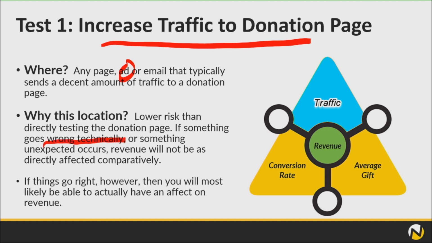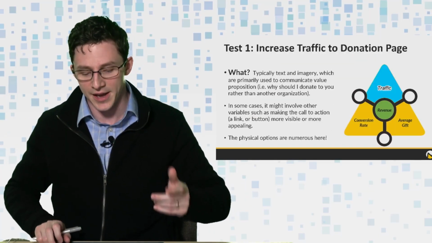If something goes wrong, you're not breaking it. But if something goes right, it's almost directly connected to money because it's literally sending people to the donation page. It's like a perfect balance of risk and reward. And usually it's easier to run tests here because again, you're not breaking your donation page. You're just sending more people to it, okay?